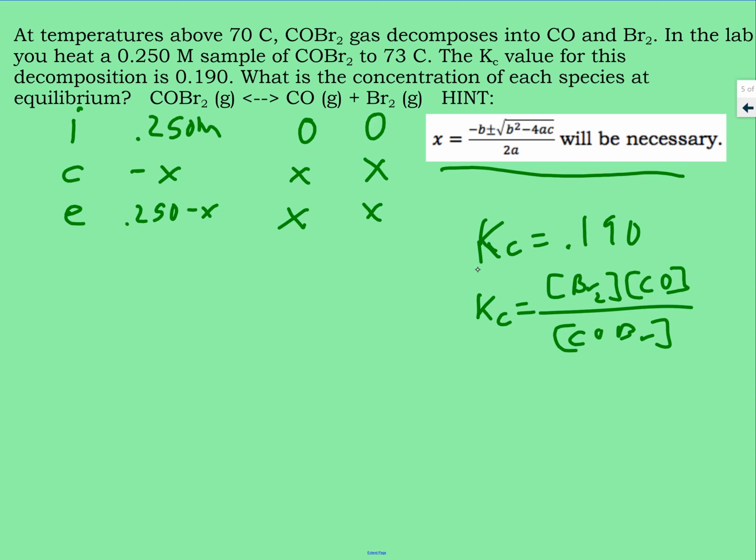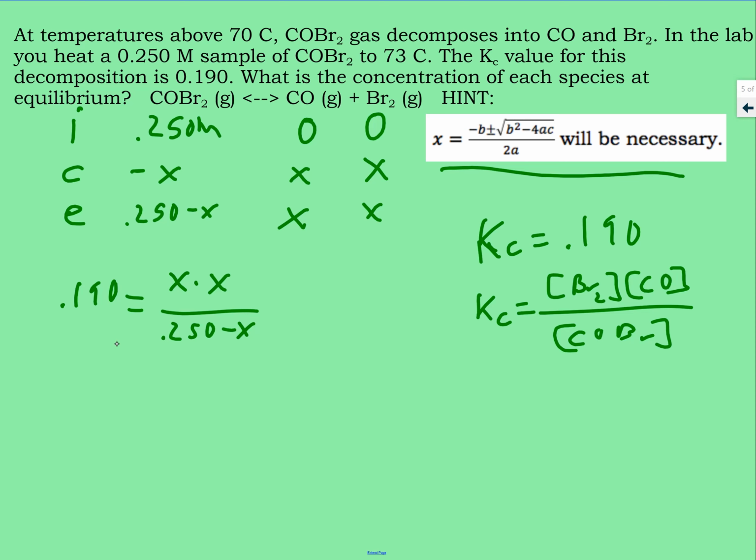So we know Kc, it's 0.190. Br2, we're going to put in x. CO, we're going to put in x, and then COBr2, put in 0.250 minus x. And now we're going to solve. So I use the quadratic equation. Maybe you get to a form where you can put it into your calculator.